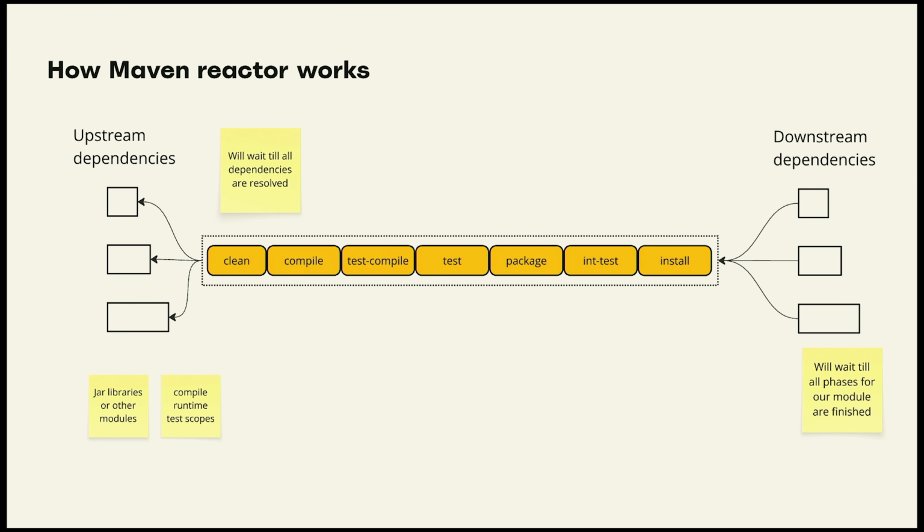So let's look at a bigger scale at how the Maven Reactor works. For any module which is a part of our build, there is the same rule. Before starting to build our module, it resolves all dependencies. Those are called upstream dependencies.